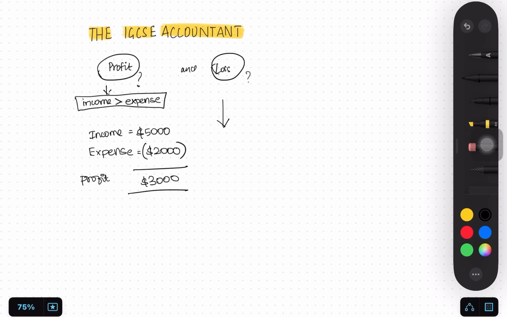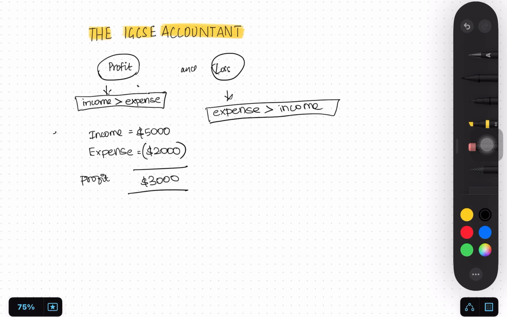Okay. However, in case of a loss, it is when the expense is greater than the income.